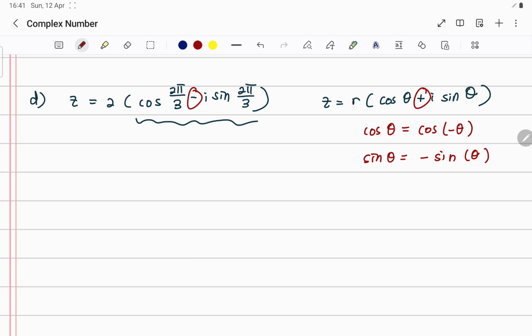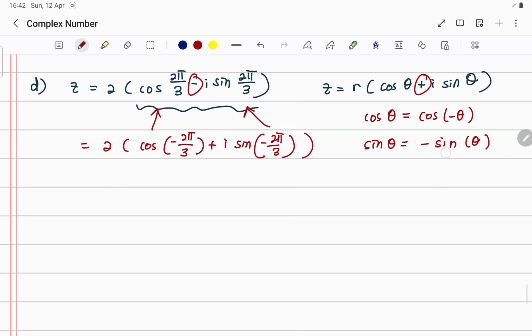Now from our question, what we will do is change this to 2 cos negative 2 pi over 3. You still get cos 2 pi over 3, plus i sine negative 2 pi over 3, which is also the same as negative i sine 2 pi over 3.